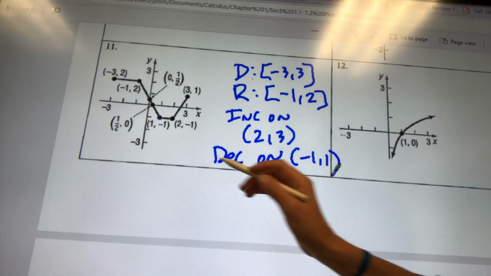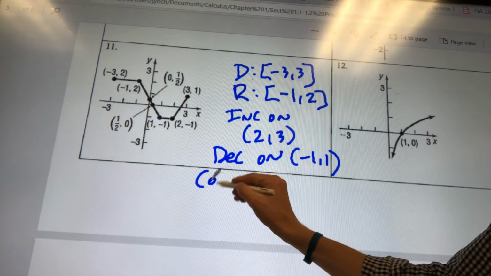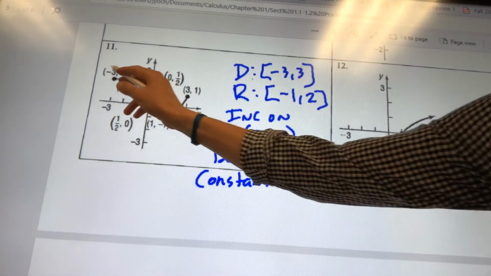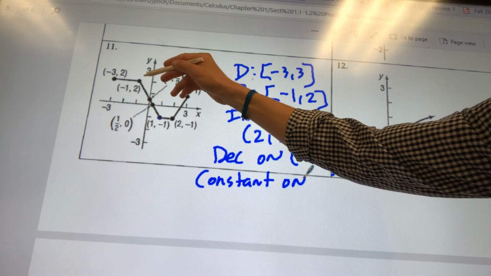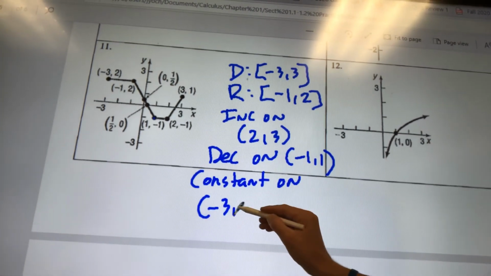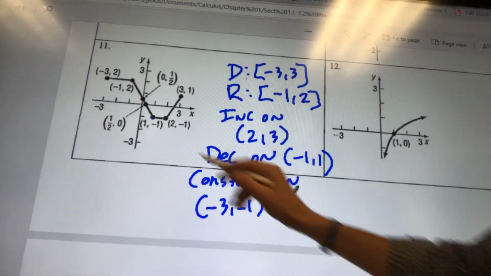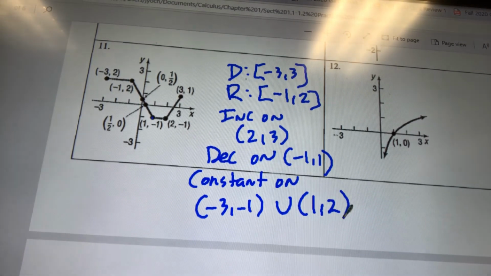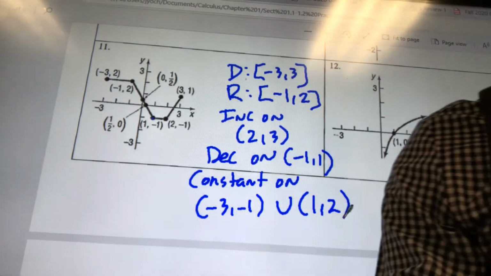Then it has a few times it's constant. So it's constant on negative 3 to negative 1, union from 1 to 2.